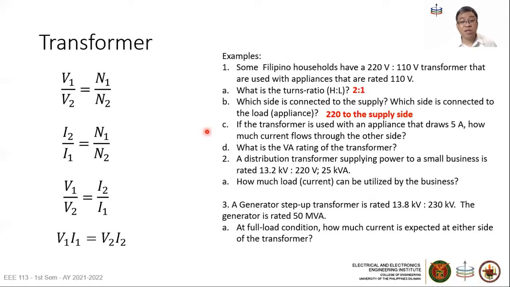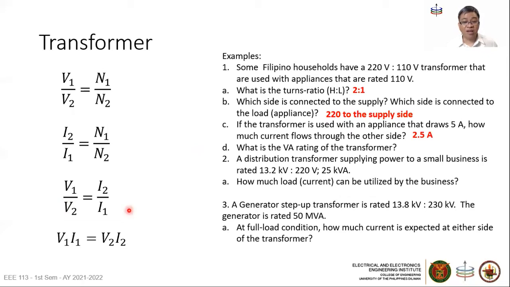If a transformer is used with an appliance that draws 5 amperes, how much current flows through the other side? So 5 amperes is on the appliance side, which is the low side. We can use I2 here as 5 amperes. With V1 over V2, V1 is 220, V2 is 110.